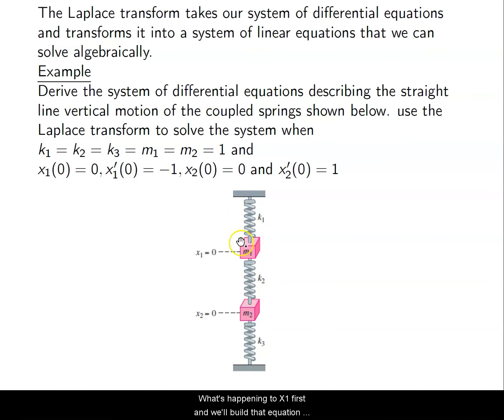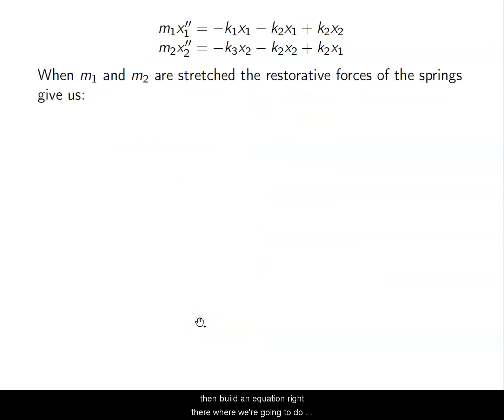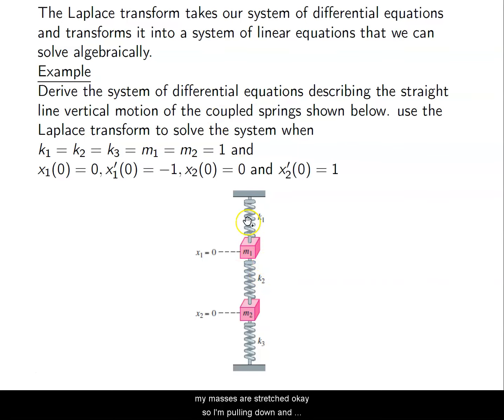So we'll talk about what's happening to x1 first, and we'll build that equation, and then we'll talk about what's happening to x2, and then build that equation. Right? So what we're going to do is think about what happens when both of my masses are stretched. Okay, so I'm pulling down m1 and I'm pulling down m2 to some point. So if you think about this, we're looking at just what affects x1, okay?